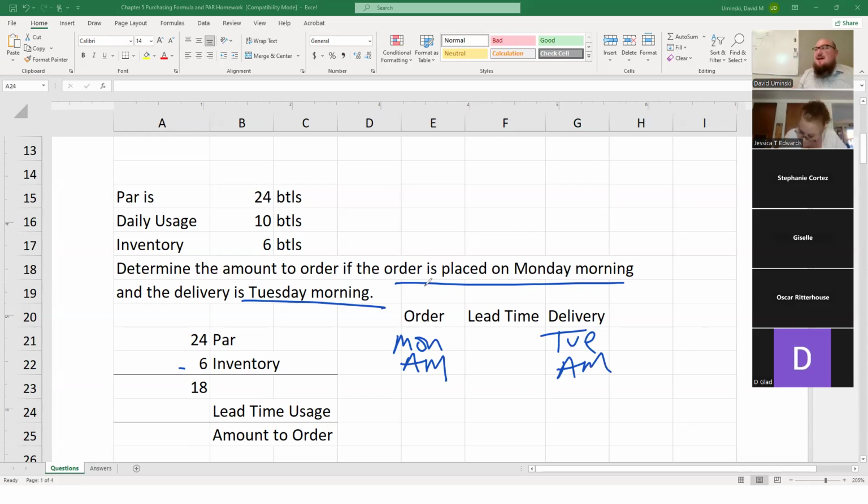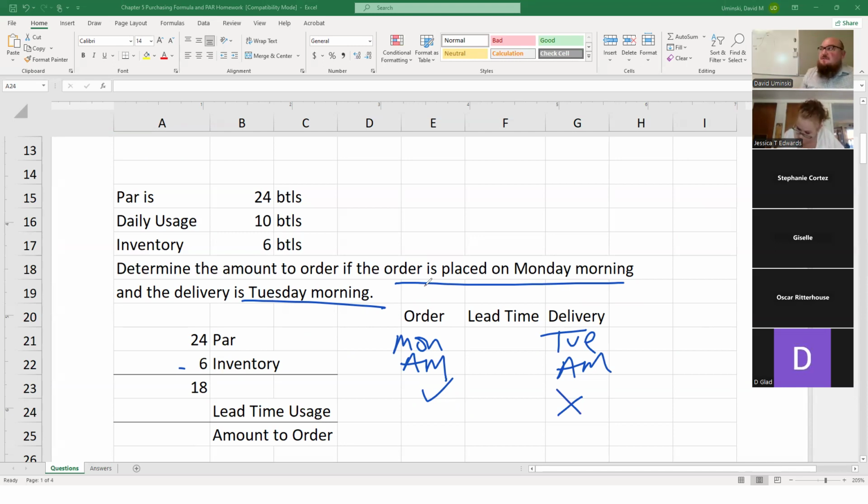Okay. Now we have to decide, is there going to be service or operation between the time that we place the order? So on Monday, if we place it before we open, are we going to have service on Monday? Yes. If our order is delivered on Tuesday before we open to the public, no, it's not going to impact this order. Okay.